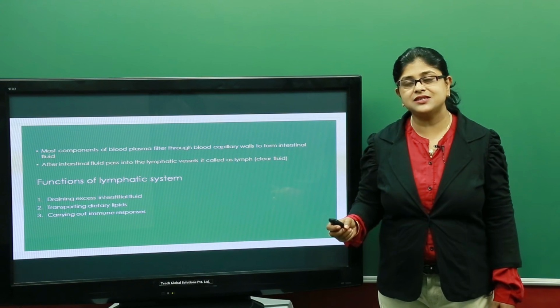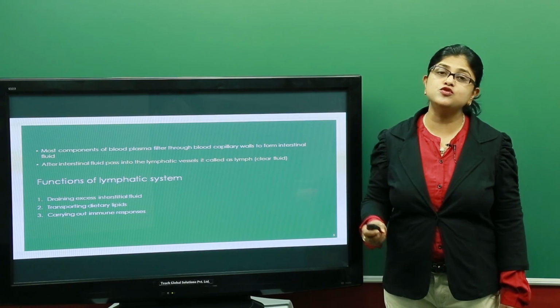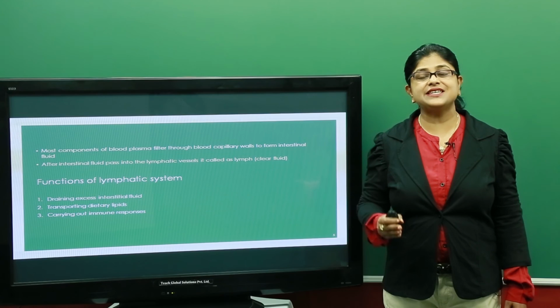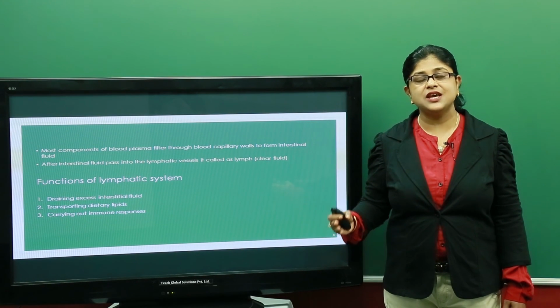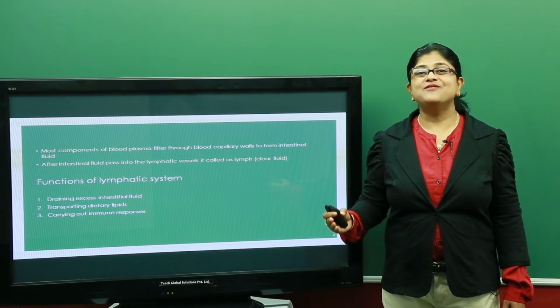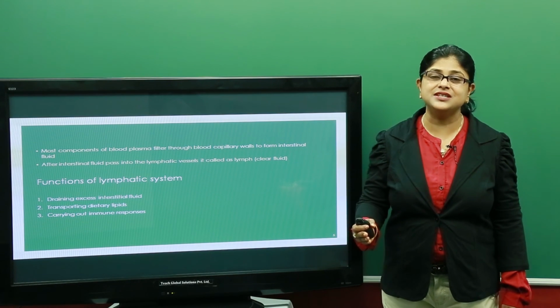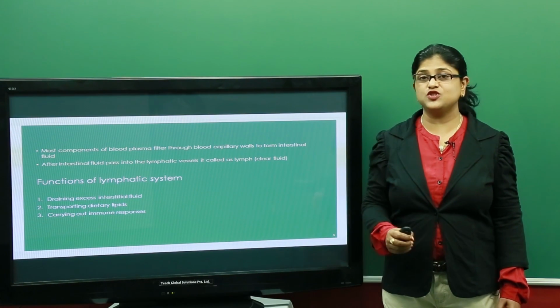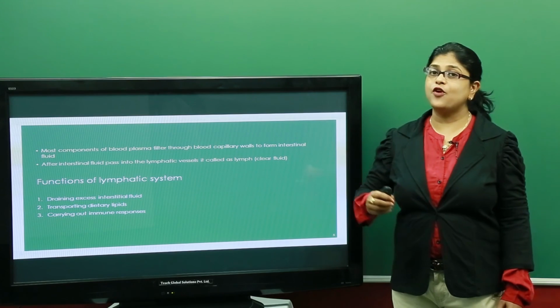While the B cells are known to mediate humoral immunity because B cells get converted to plasma cells which secrete antibodies, which act on antigenic determinants present on microbes or foreign cells.